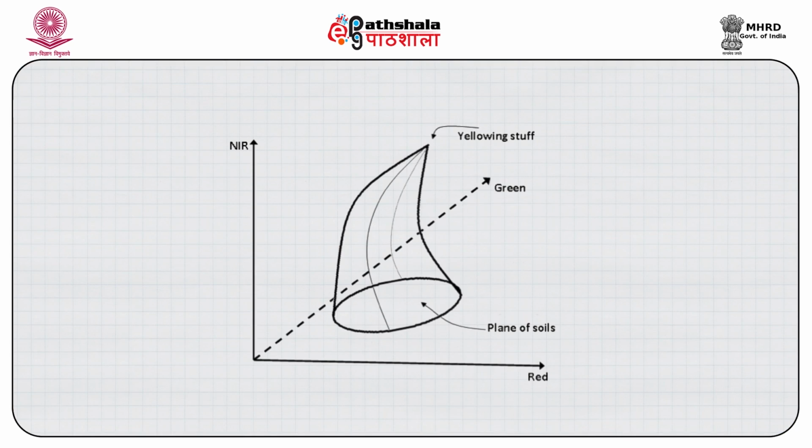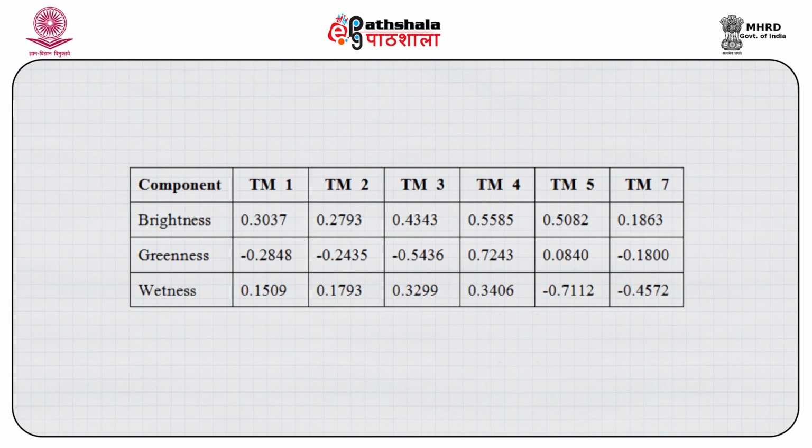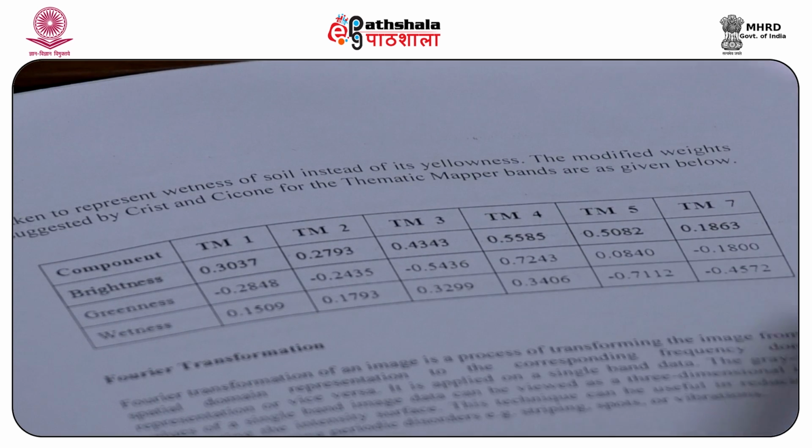There is another modified version of this KT transformation that has been suggested by Crist and Cicone. They have suggested another weight table which includes 3 components. First is brightness, then greenness and wetness, and the weights have been suggested for the bands of the Landsat Thematic Mapper, that is TM1, TM2, TM3, TM4, TM5 and TM7.